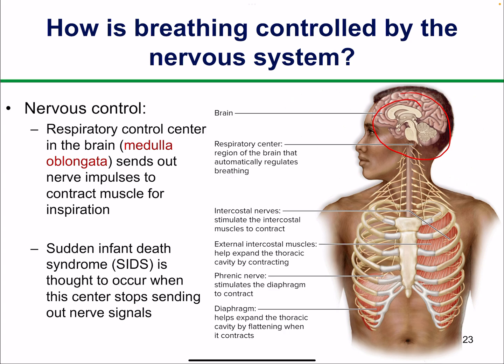That respiratory center actually controls the breathing in and breathing out, right? There is a part of the brain called the medulla oblongata that is located here. The medulla oblongata sends impulses.